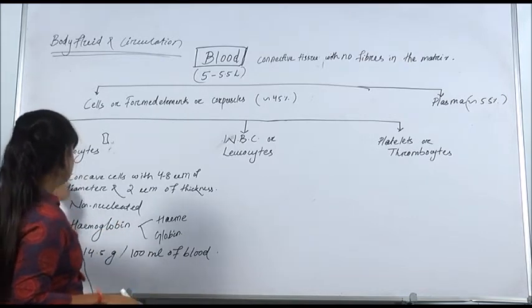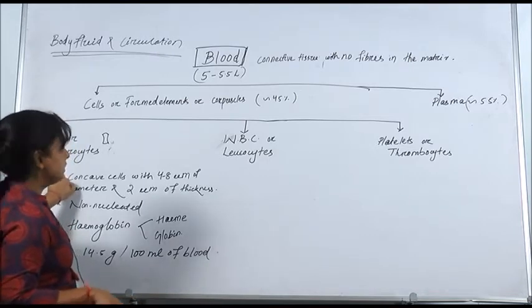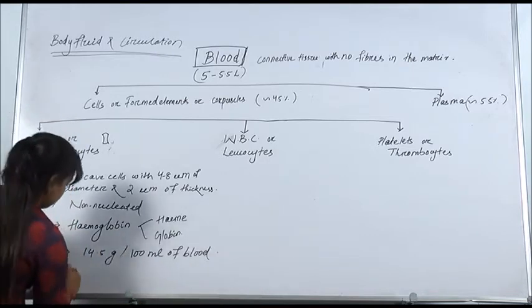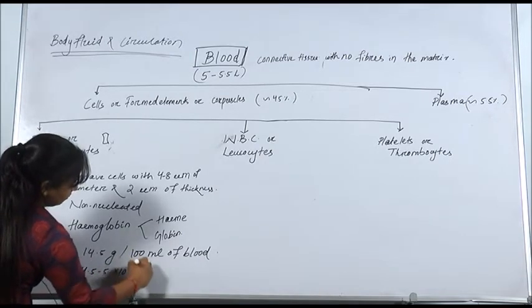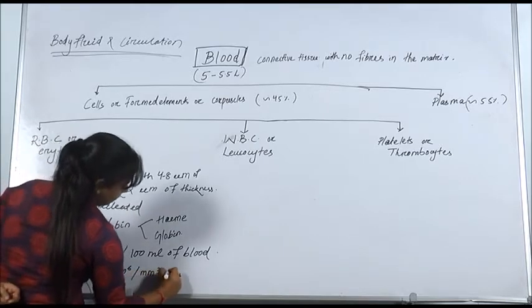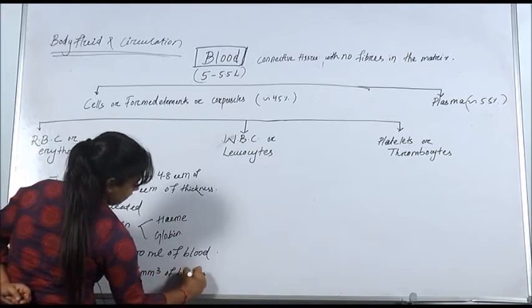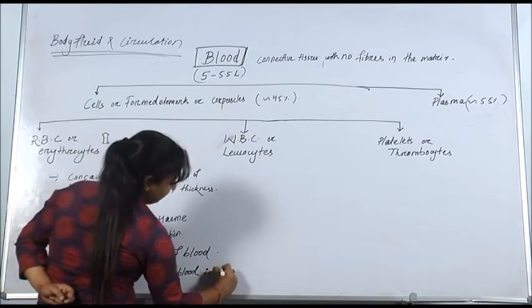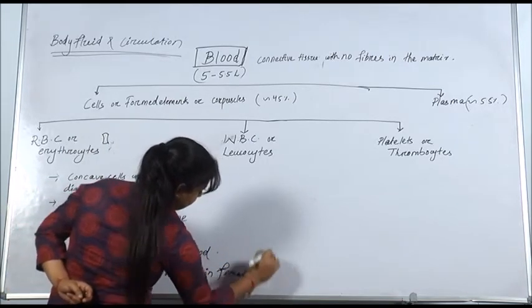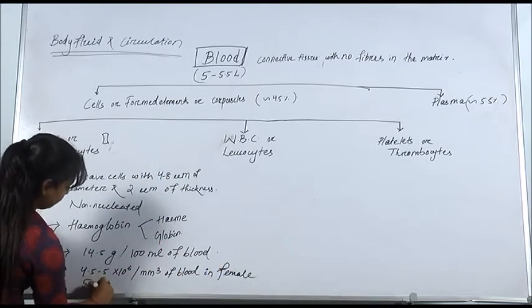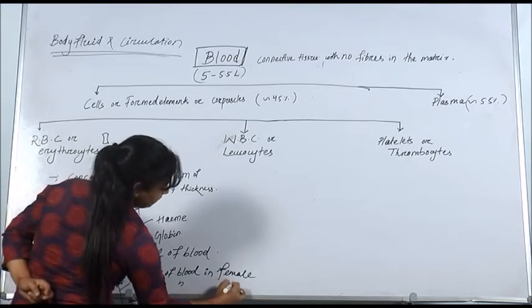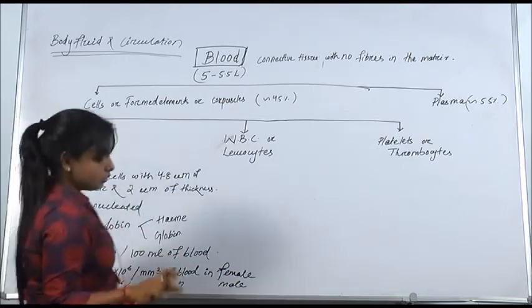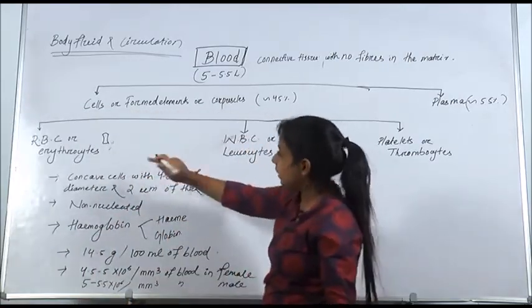Along with all these, the total count of RBC inside our blood is around 4.5 to 5 million per mm cube of blood in human female, and 5 to 5.5 into 10 to the power 6 per mm cube of blood in human male. So this is all the basic characteristics of RBC.